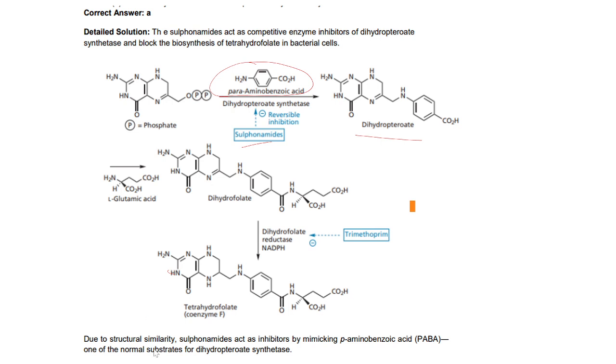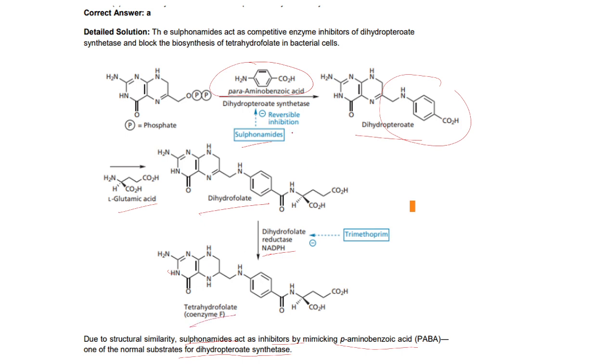Due to structural similarity, the sulfonamide acts as an inhibitor by mimicking para-aminobenzoic acid, one of the normal substrates for dihydropteroate synthesis. This is the mechanism for synthesis of dihydropteroate. Dihydropteroate synthetase takes para-aminobenzoic acid and ligates it with the other substrate. Then glutamic acid comes and gets attached, forming dihydrofolate, and dihydrofolate reductase with NADPH forms tetrahydrofolate coenzyme.